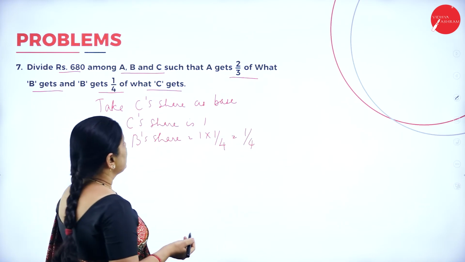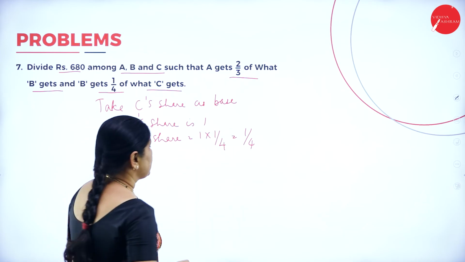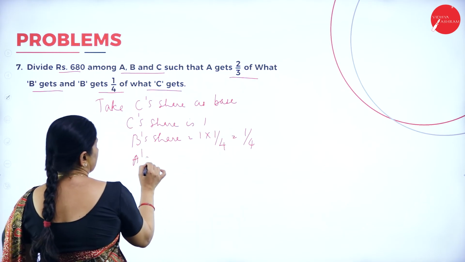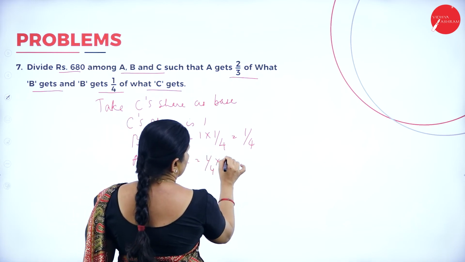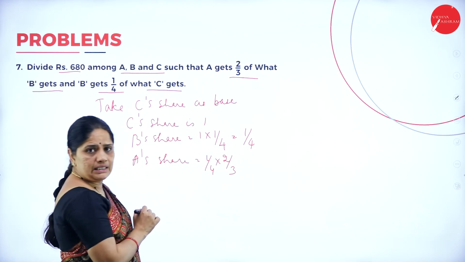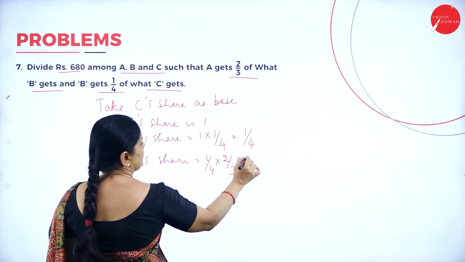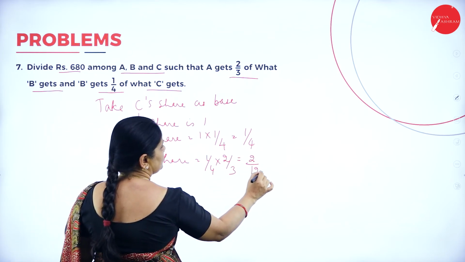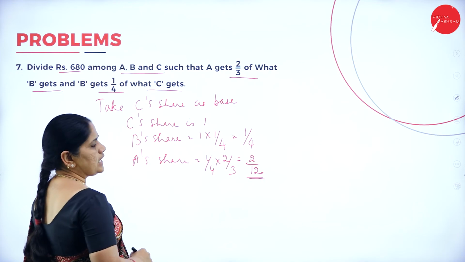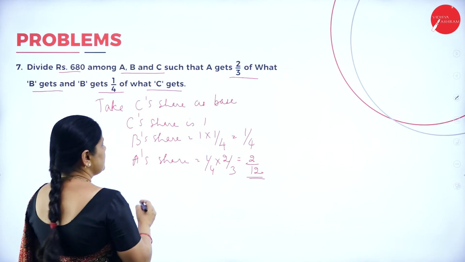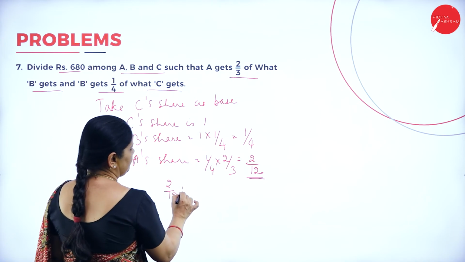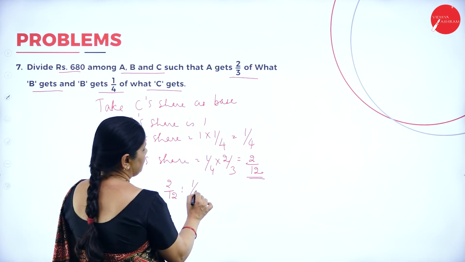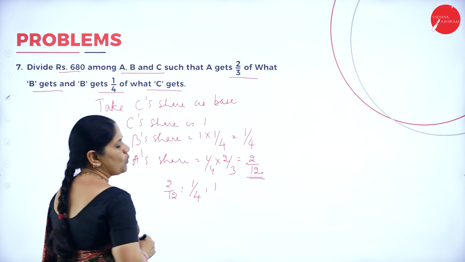And A's share will be 2/3 of B's share. So, A's share will be 1/4 into 2/3. So, this will be equal to 2/12. So, A's share is 2/12. So, I can write it as 2/12 is to 1/4 is to 1.